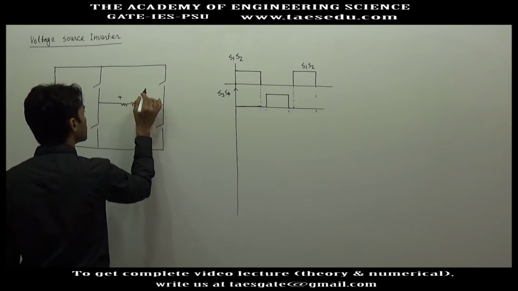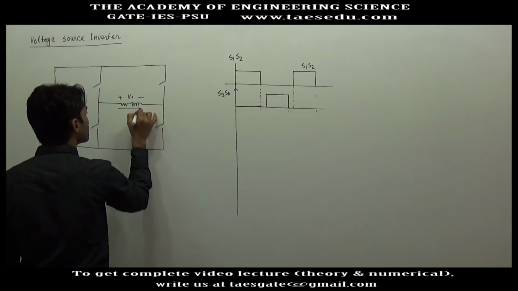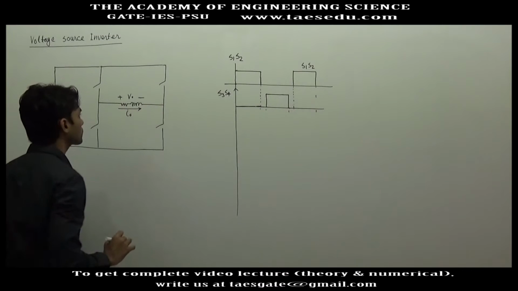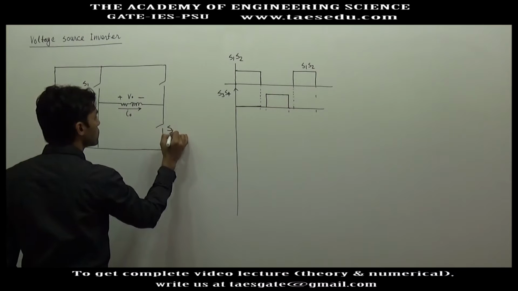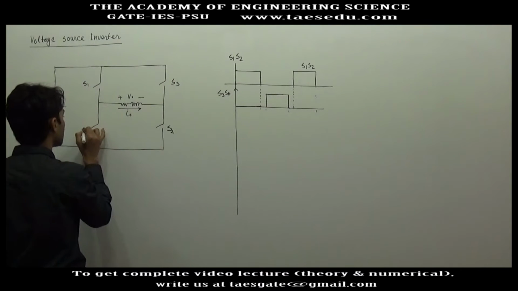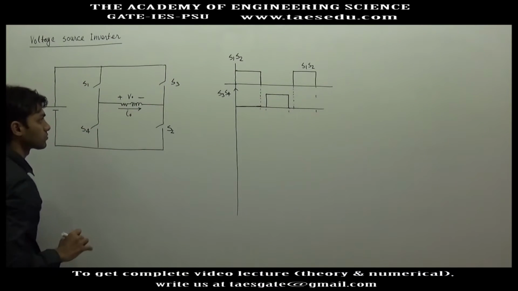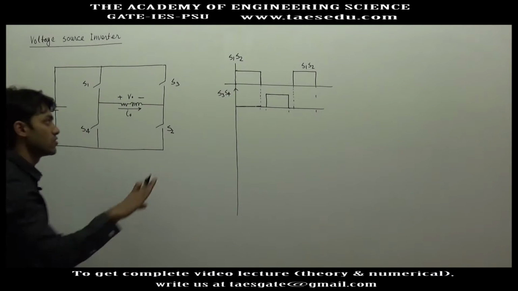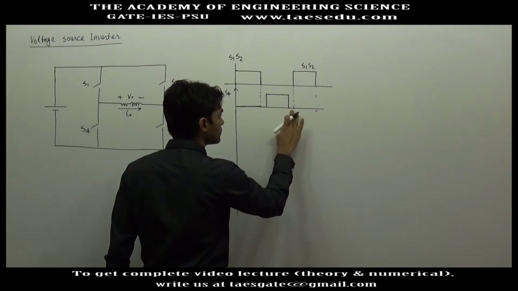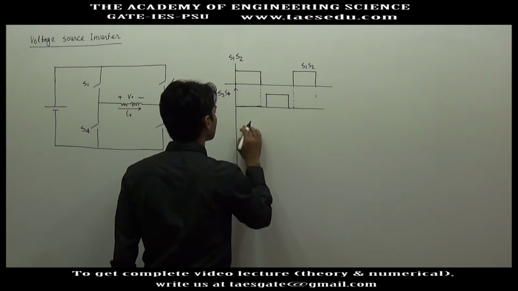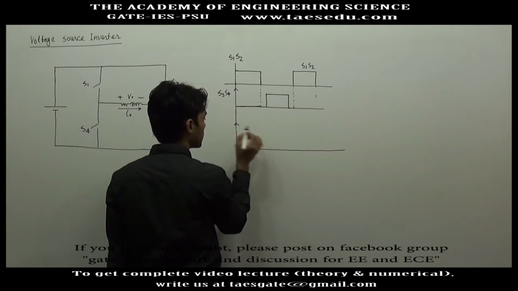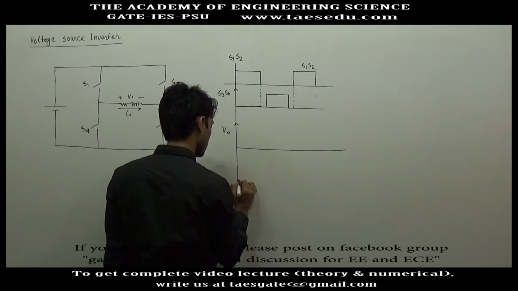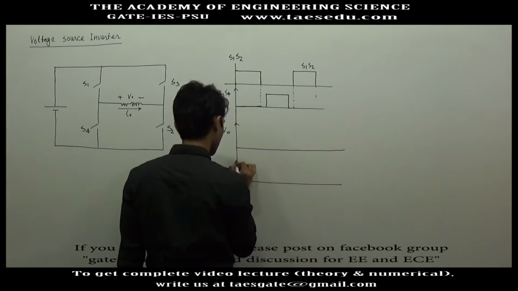This is the output voltage and this is the output current. Here we have S1, S2, S3 and S4. Let us assume the same switching sequence. Here we'll have the graph of V naught and here the graph of I naught.